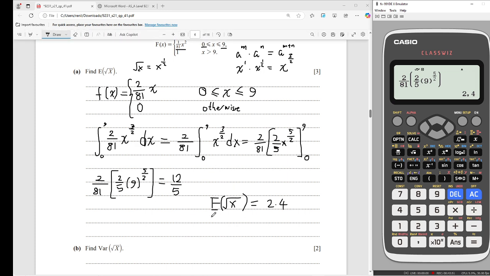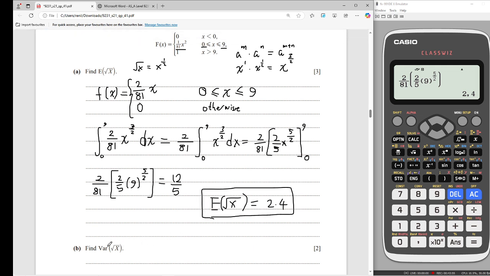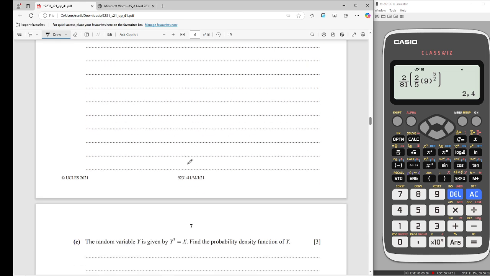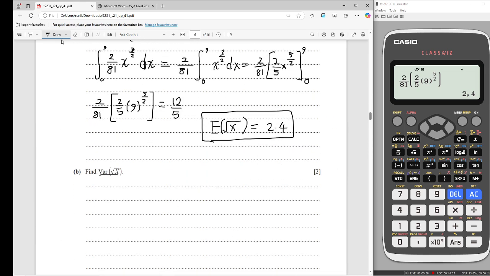Okay, moving on. Now that we've done this question right here, just box it up. We have to find the variance, just as I've said for the other one. To find the variance, this may be a bit tricky, so I'm going to provide you the formula that you must know.